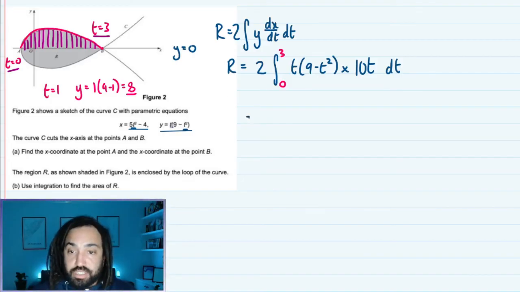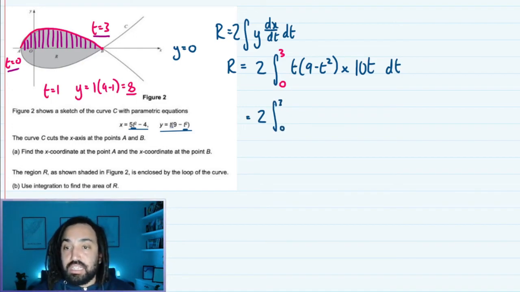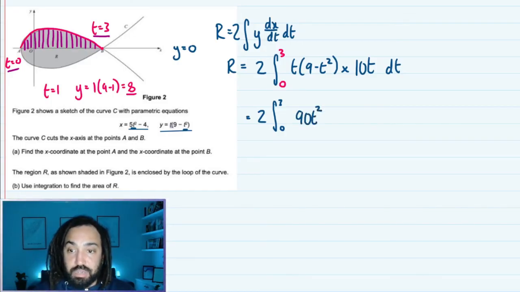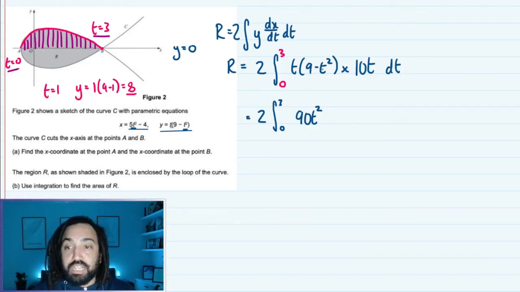Brilliant. Okay, so let's now integrate this function. First, let me expand out. So I get t times 9 times 10t is 90t squared. T times minus t squared times 10t is minus 10t to the power of 4.